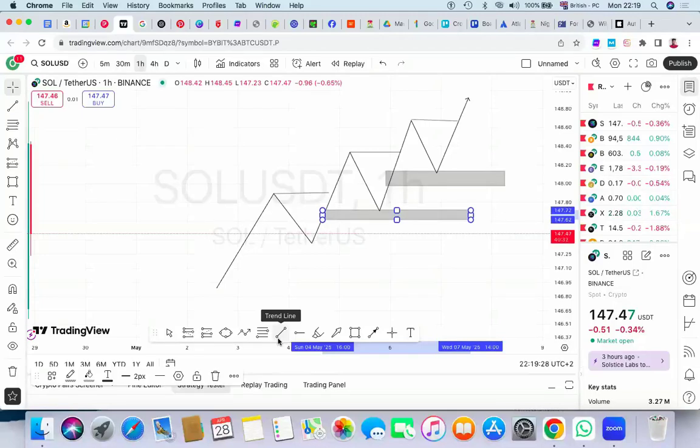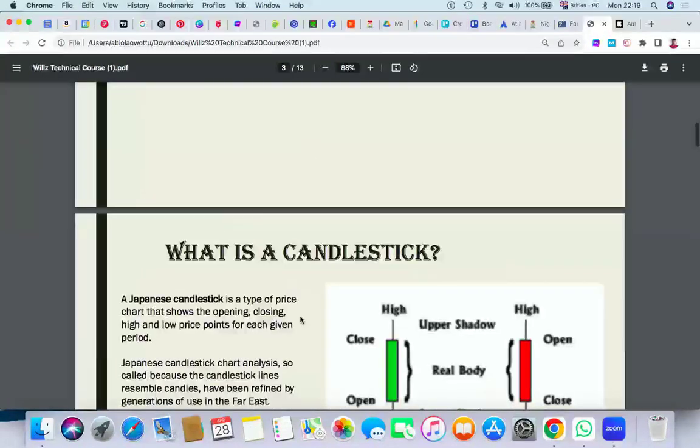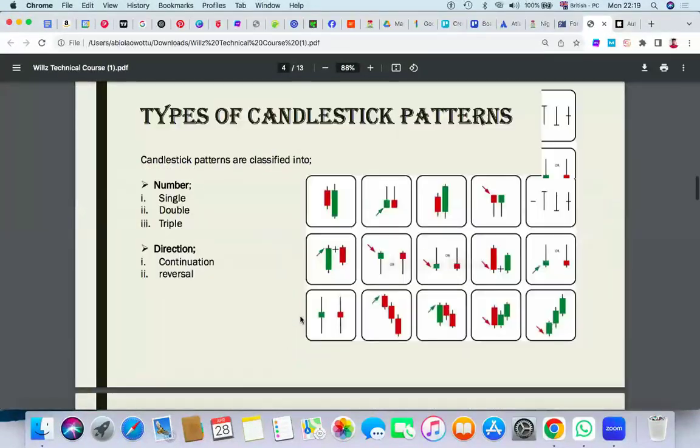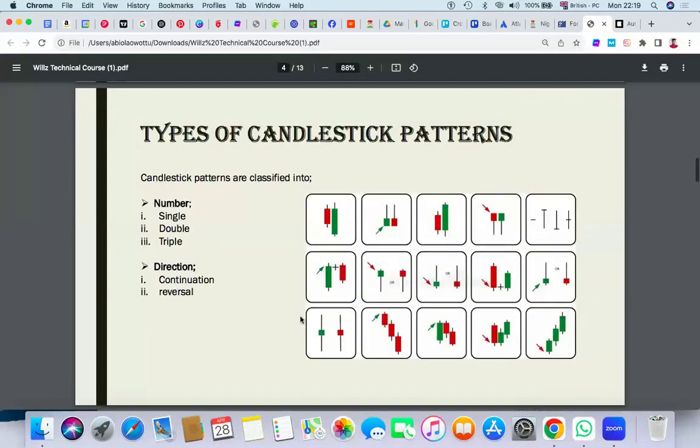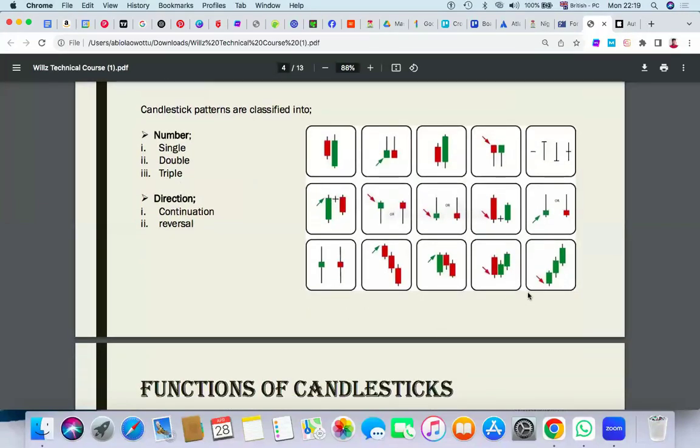The Marubozu candle we are talking about right now, the last time we spoke, let's dive back a little bit to our candlesticks. So a Marubozu candle will be this.